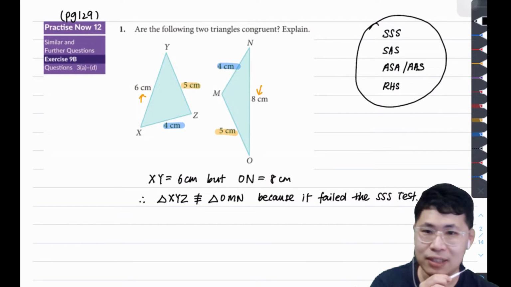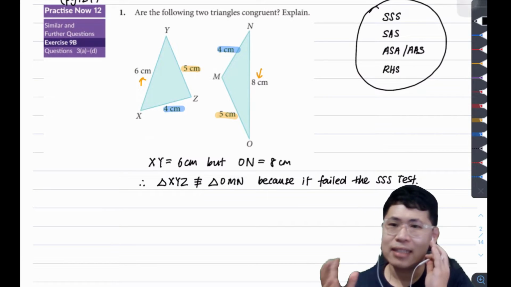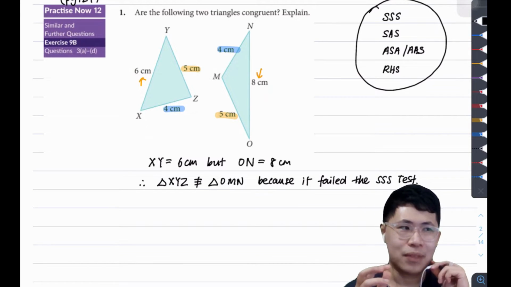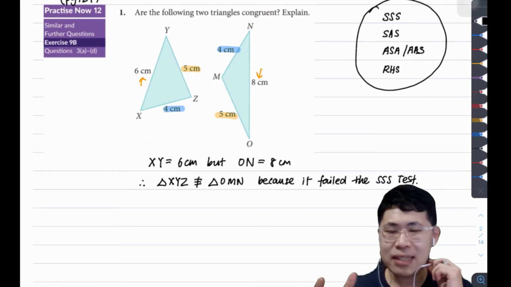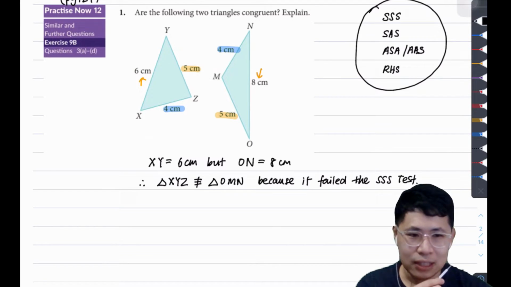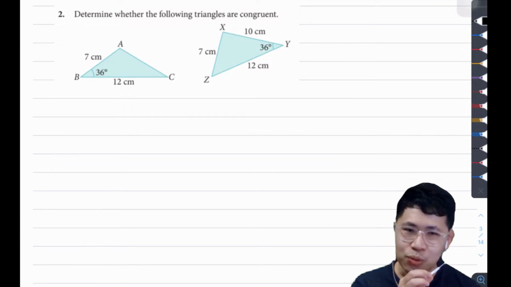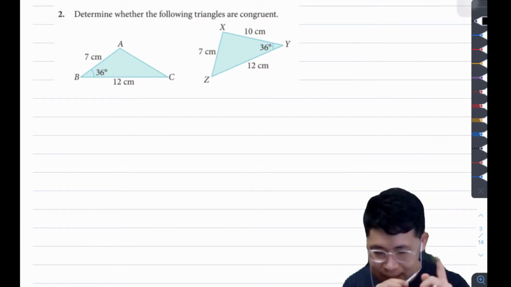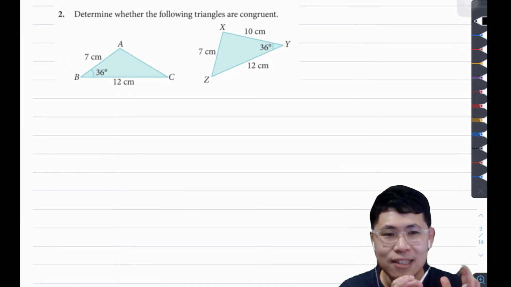So we can straight away point out something wrong that makes it fail. And without further ado, let's jump right into question 2, and let's check and see whether it fits any of the congruence tests over here.